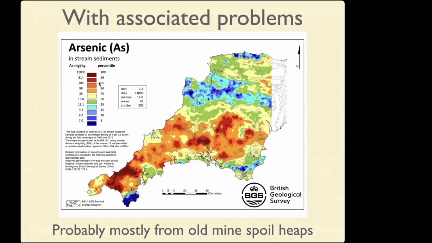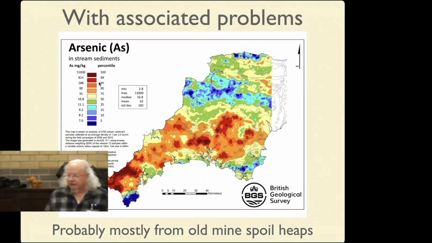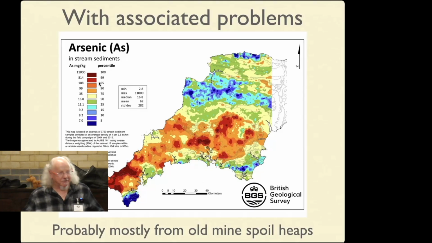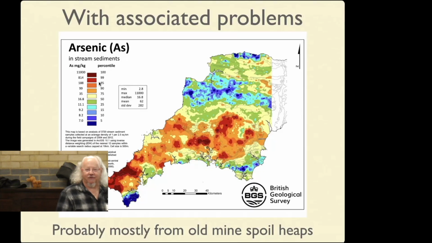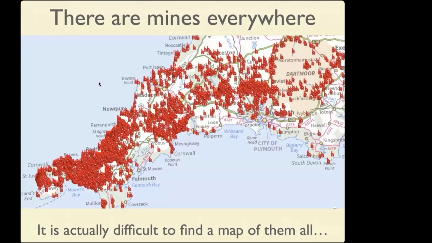And it comes with its own problems in that, that's the same map for arsenic. So yeah, do you really want to live here? But there are mines everywhere. You can't move for mines in the West Country. It's actually very difficult to find a map of all the mines, because this is from a website, and you can't zoom in on it or anything else.